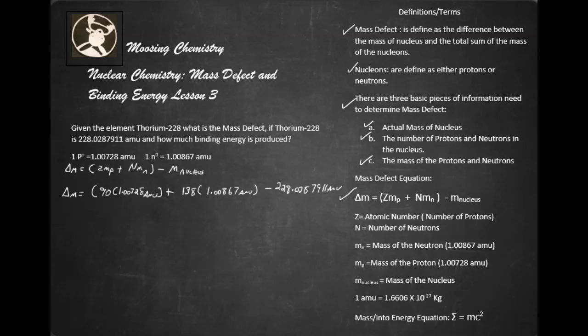AMU. Okay. So now here we go. So delta M equals 90.6552 AMU plus 139 this will also be in AMU minus 228.0287911 AMU.